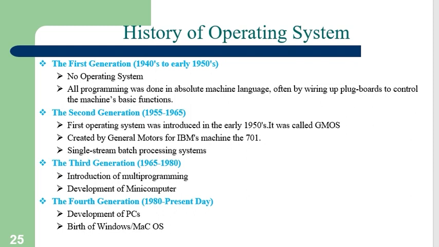The third generation is the introduction of multi-programming and the development of many computers. And the fourth generation developed PCs, and the birth of Windows and Macs are popularly accessed in this generation.